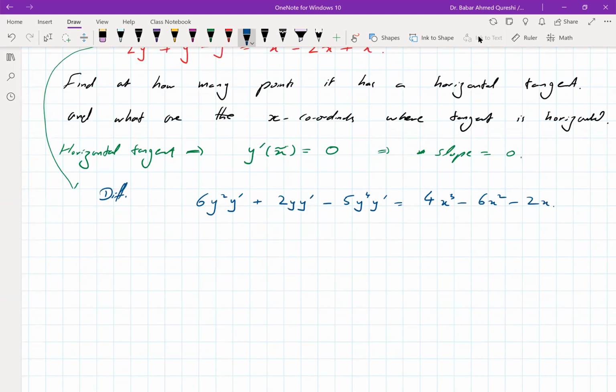So that means the derivative is given by this relation.